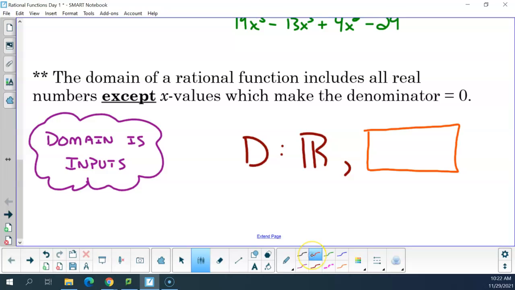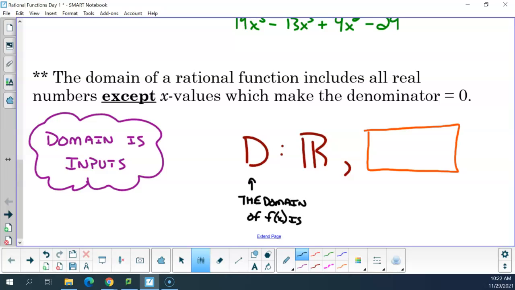So this is saying the capital D is telling you in your brain that the domain of my function is. Okay?